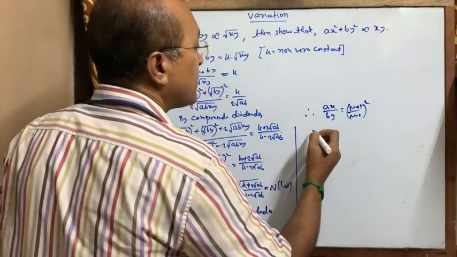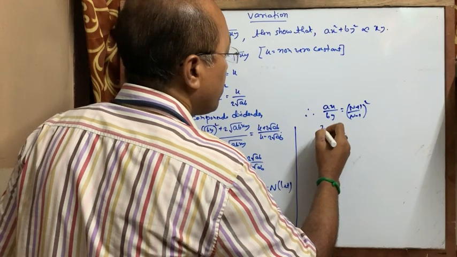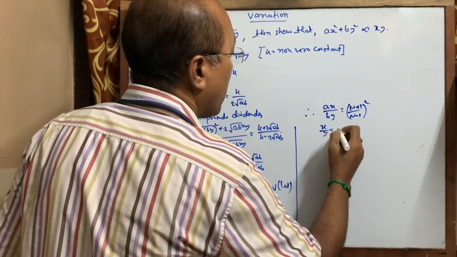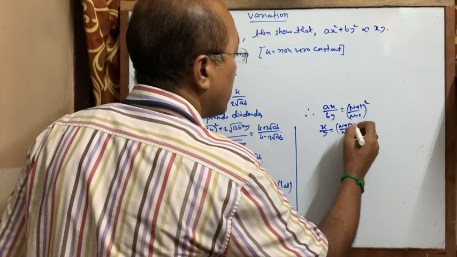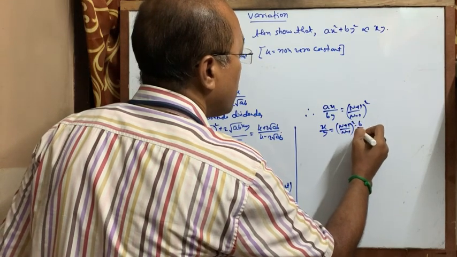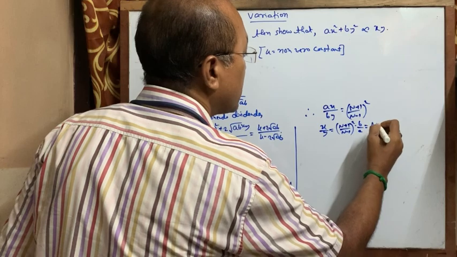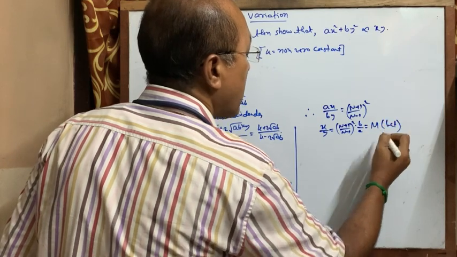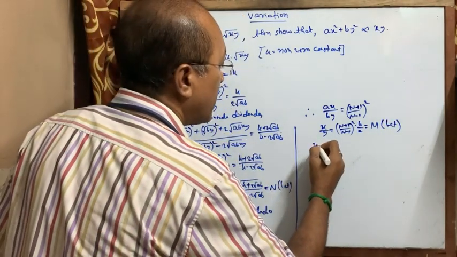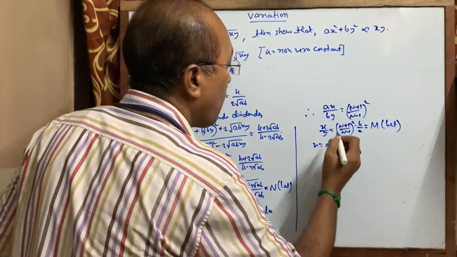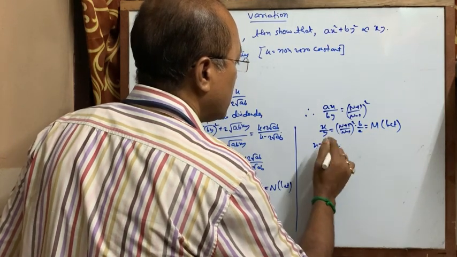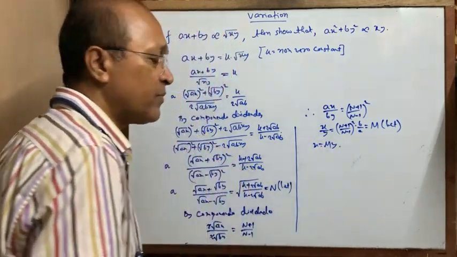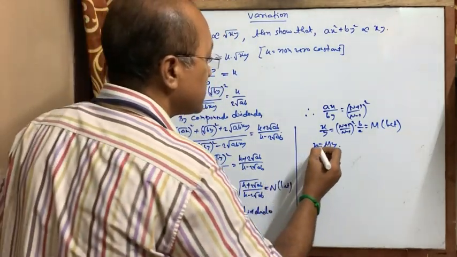Now we can write x by y is equal to (n plus 1) over (n minus 1) whole square times b by a, which you can consider as m. So x is equal to my. We got x is equal to my.